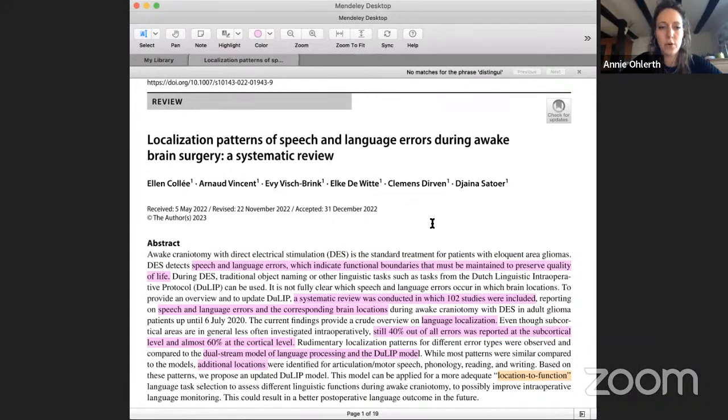And you can then, of course, pool all of these errors together, speech and language errors, and then try to read from this pattern what it tells us about the functional circuits of the brain. The paper I'm presenting here is a very recent one. So it's a systematic review, just came out in January.